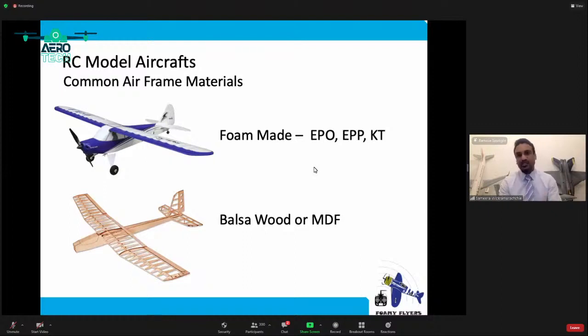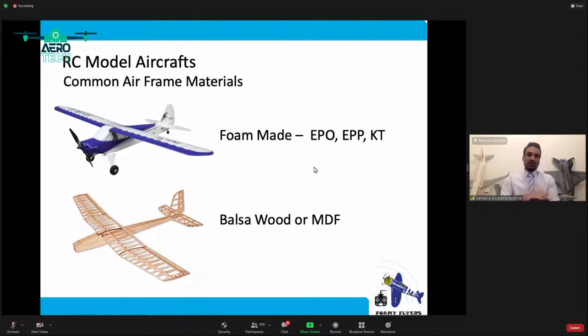But the thing with this RC hobby, what you need to understand is that eventually you will crash your aircraft. You're not going to crash, but eventually you will crash it. So when you crash it, you need to know how to repair it as well. When it comes to balsa, especially when you spend quite a lot of money laser cutting it, or you can even do it at home with some tools, but it's very difficult and time consuming.